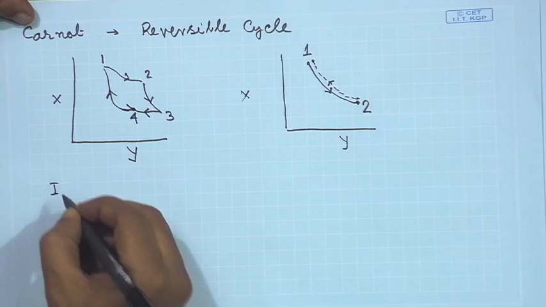In that, we try to eliminate, at least theoretically, at least ideally, all the effect of irreversibilities from the process. So, now it becomes important to know what are the irreversibilities.